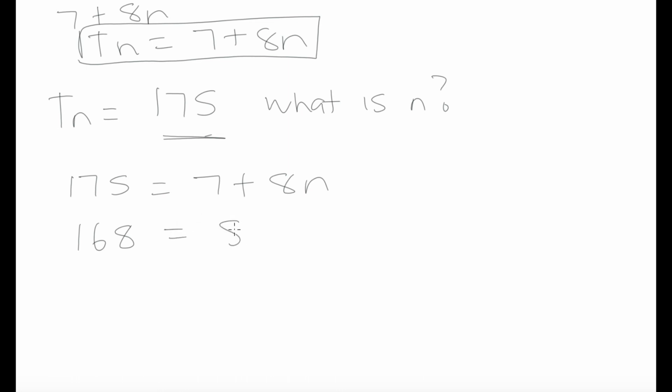So 168 is equal to 8n. And if we divide both sides by 8, then we're going to be left with 21 is equal to n. So our n here is equal to 21. Our 21st term of this sequence will have a value of 175.